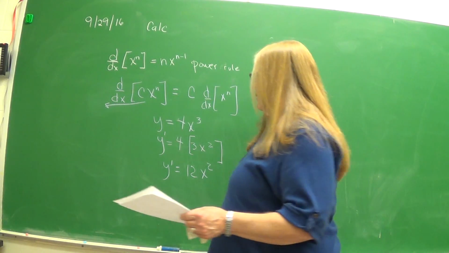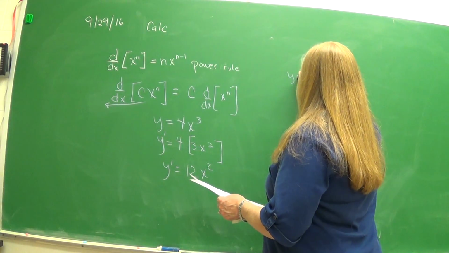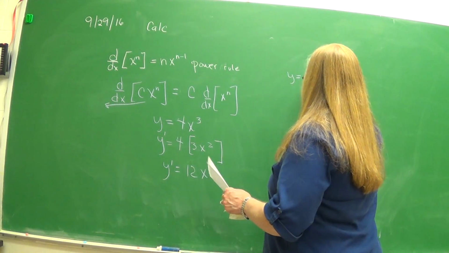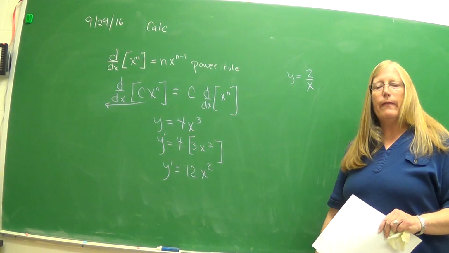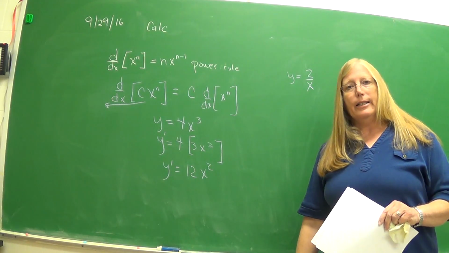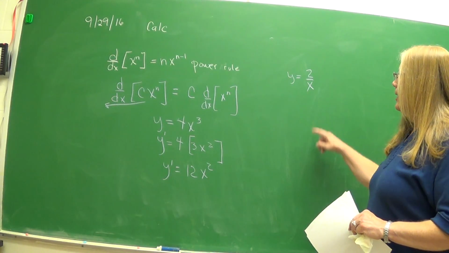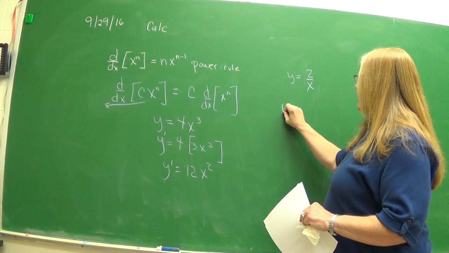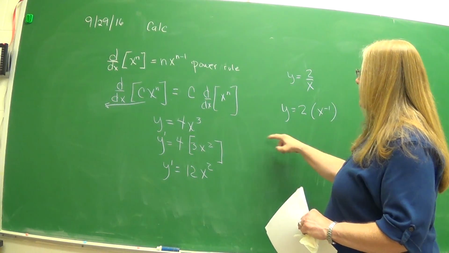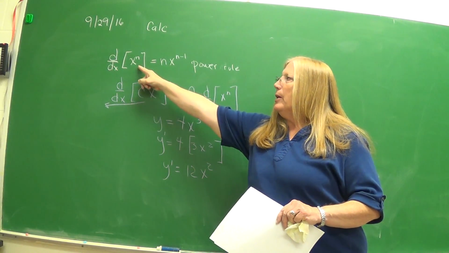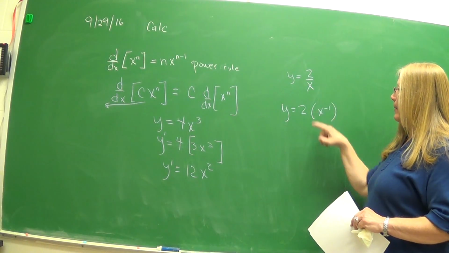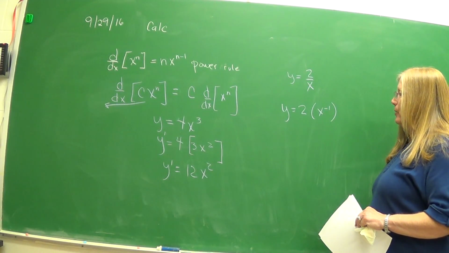What about this one? Can I find the derivative of that expression knowing these two things? Yes, indeed. It turns out we can force this to be written as 2 times x to the minus 1. Do you see, when we use the power rule, we want x raised to some number, and x in the denominator is the same as x to the minus 1.